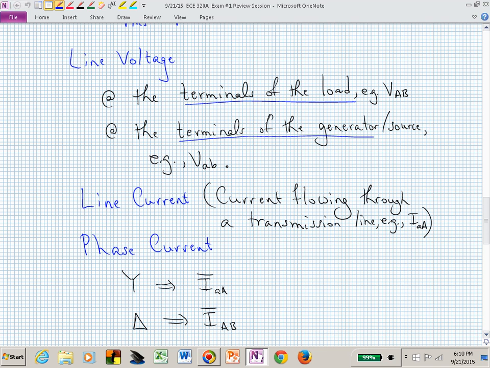If you have a Y-connected load, the phase current is the current going through that particular phase, the A phase, which in a Y connection is the same as your line current. But if you had a delta connected load, then the phase current is actually the current flowing through that A phase, which is between terminals A and terminal B, and that's not the same as your line current. It all depends on the interconnection structure.